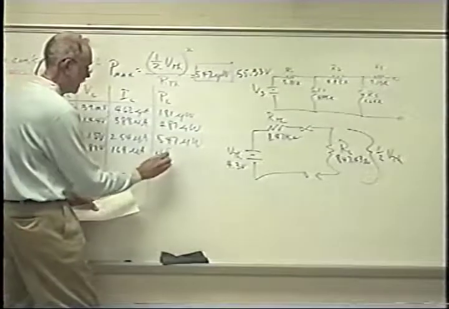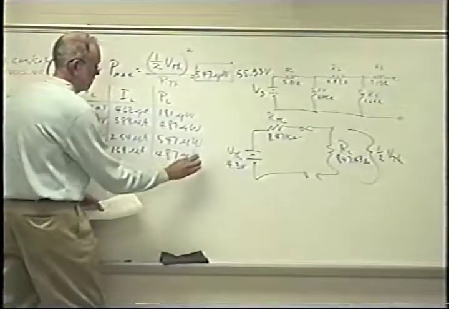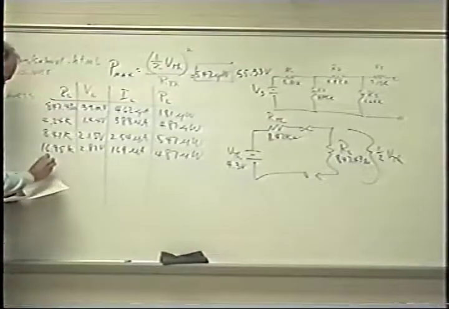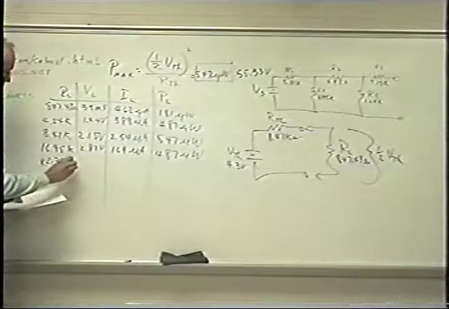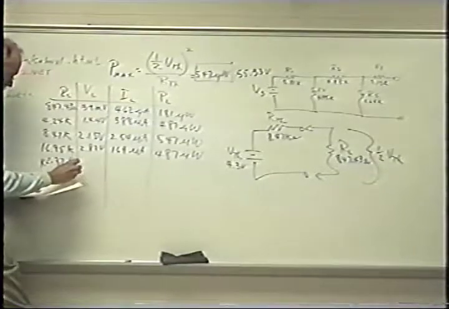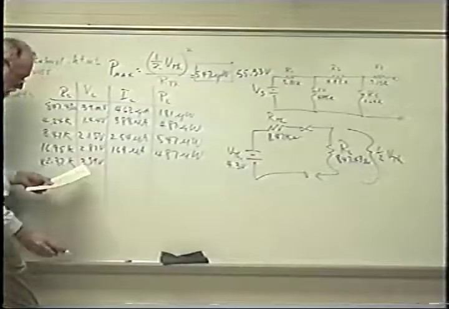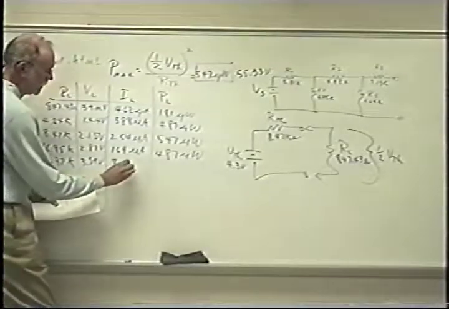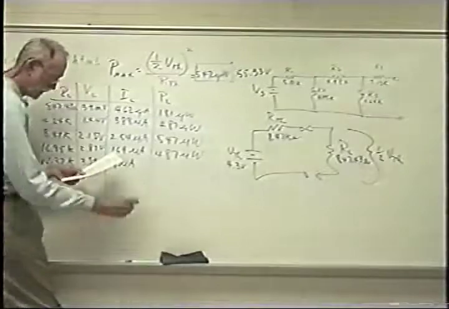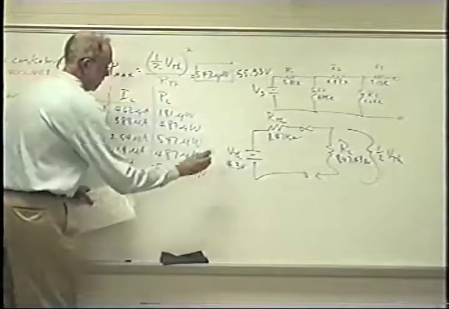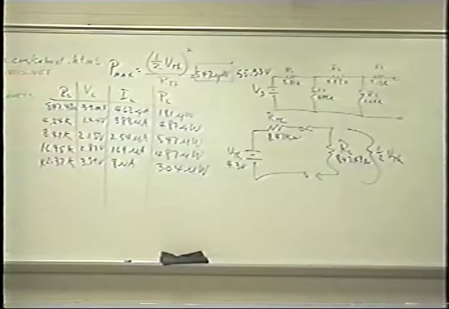Now it's 487. We've got one more, 42.37 K. Voltage is 3.59. Current is 85 microamps. Power delivered to the load is 304 microwatts. Now then, what is this telling us?